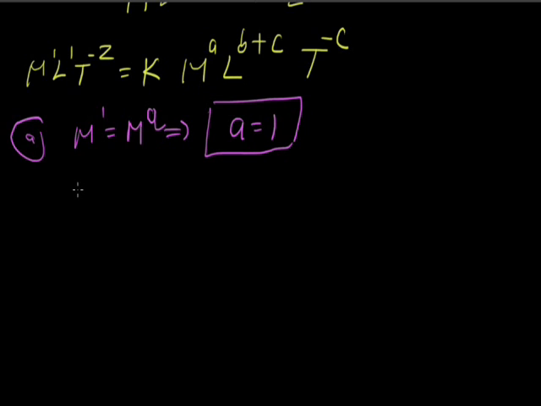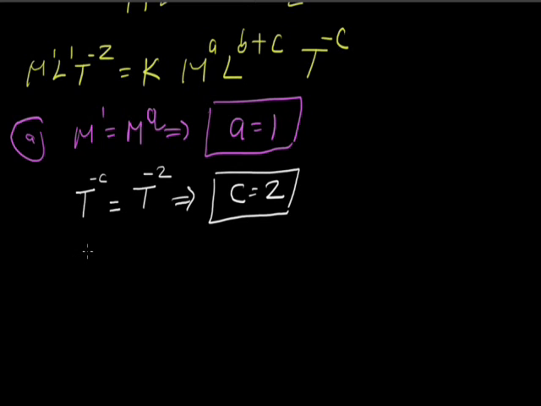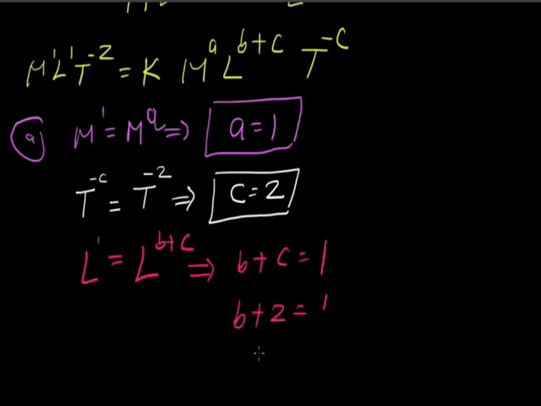Similarly, t minus C is equal to t minus 2, so C is equal to 2. And third, L raised to the power 1 is equal to L raised to the power B plus C, so B plus C is equal to 1. We know that C is equal to 2, so B plus 2 is equal to 1 and B is equal to minus 1.